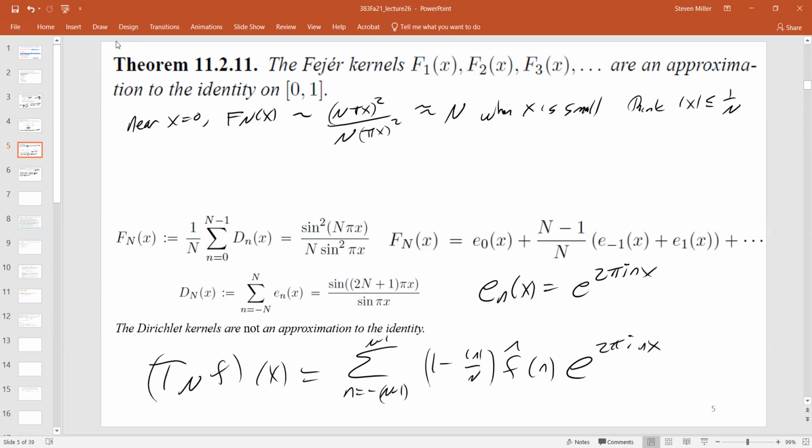What's the difference between this and the standard Fourier series approximation? The 1 minus absolute value of n over n. It's a weighted Fourier sum. So by putting in these extra weights, things are going to converge much better.